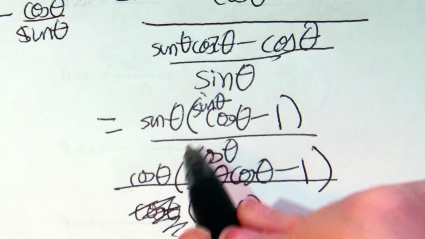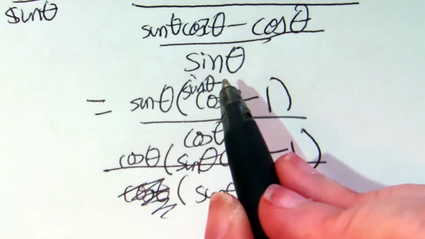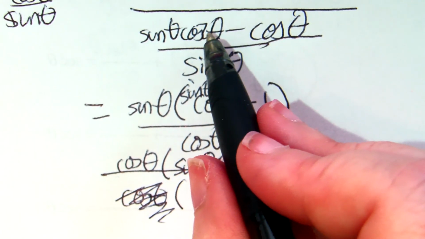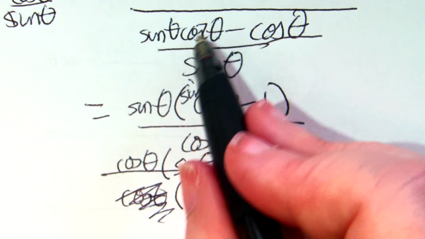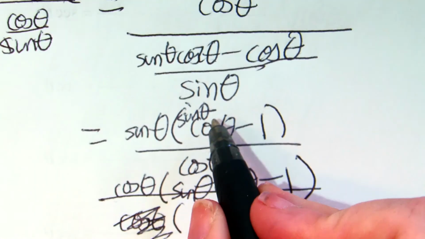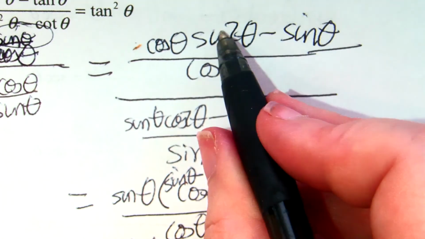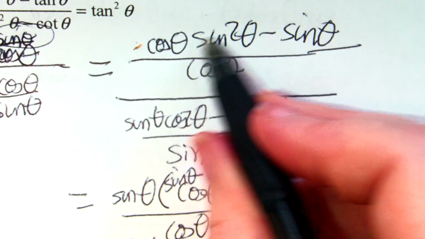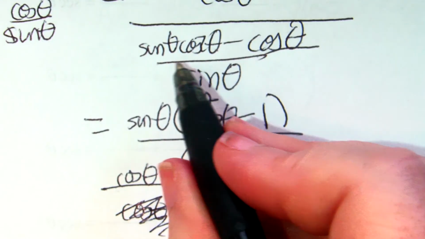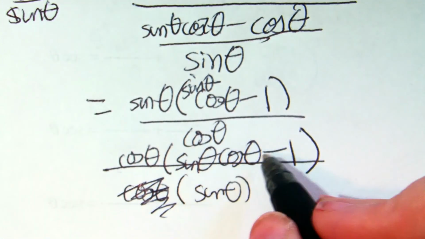Because there's an extra sine from the sine squared. From the cosine squared, there's an extra cosine when you take out one cosine. So it's sine cosine. Right here, when you take out a sine, it's still cosine sine. Sine cosine. And on the denominator, it's the same thing. So they both have a sine cosine minus 1.